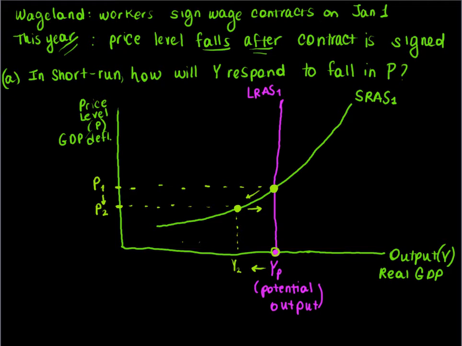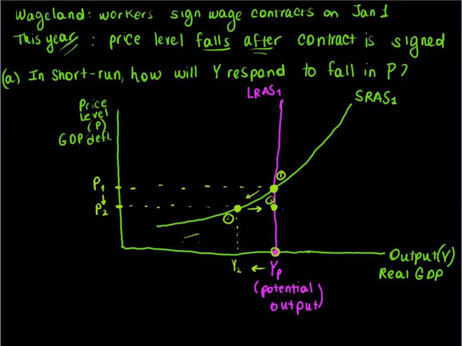So we started here, we went here, and now we're going to end up here, 3. This movement to our potential output generates a shift of the short-run aggregate supply curve, and that's a terrible aggregate supply curve, but nevertheless. So this is our short-run aggregate supply curve sub 2.